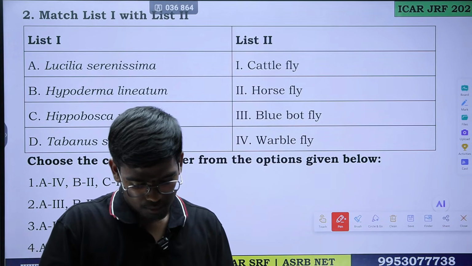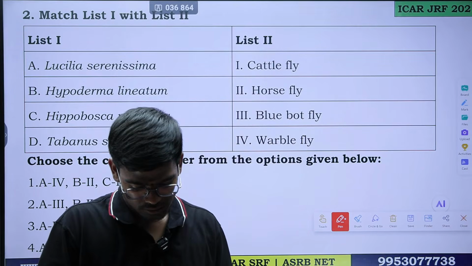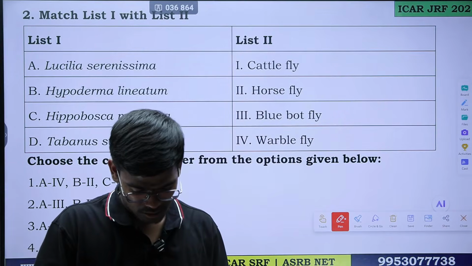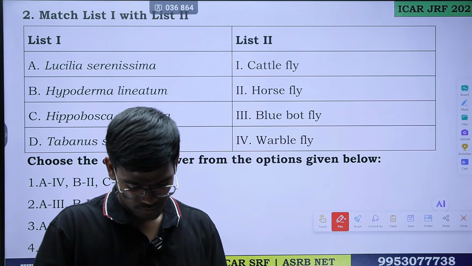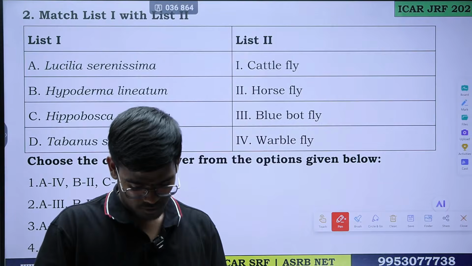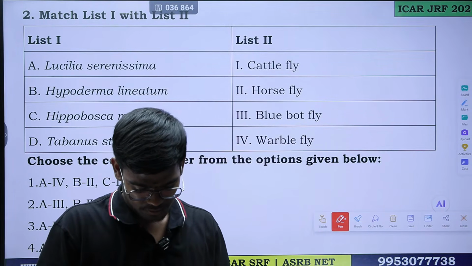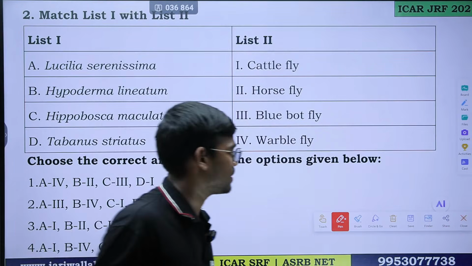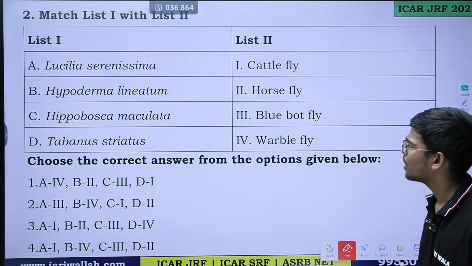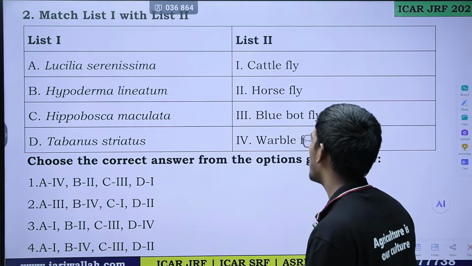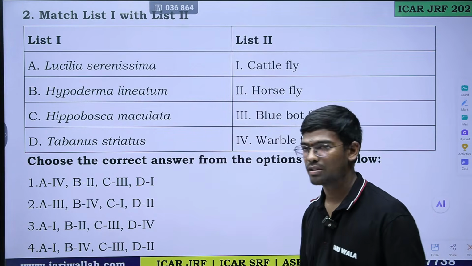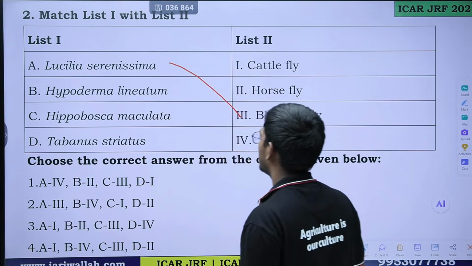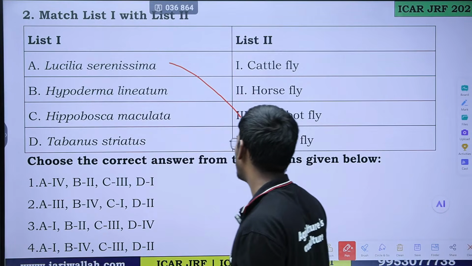One minute, we'll check whether anybody has commented. Some person has responded. Lucilia serenissima is the blue bottle fly. Hypoderma lineatum is the scientific name of the warble fly.